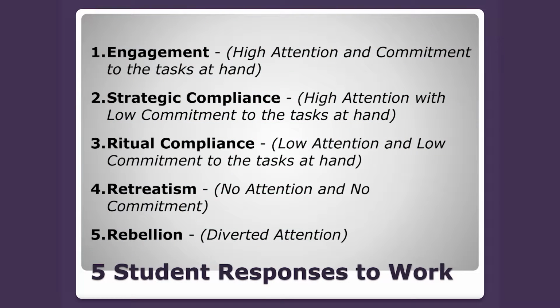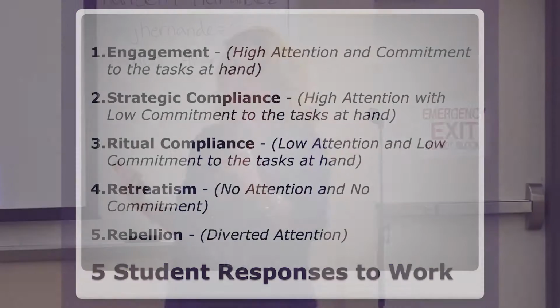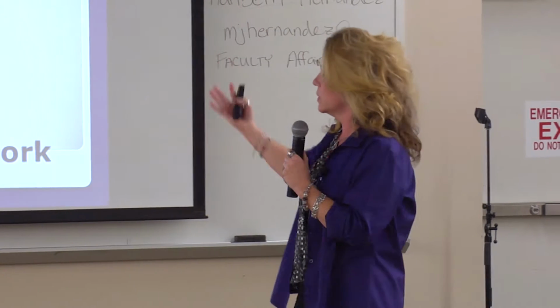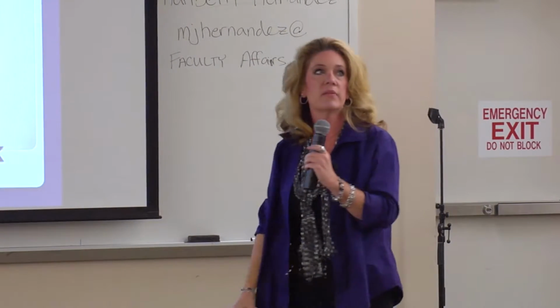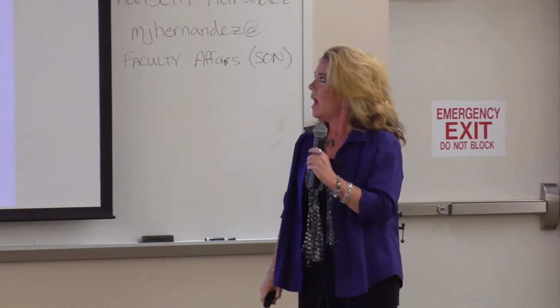So this goes back to that connection and persistence in a way that engagement, number one, we have high attention and high commitment to the task at hand. Now, underneath each one of these slides, and I'll have it uploaded to our Sakai site, is a whole bunch of evidence-based practice in the field of education supporting the words on the slide here. I'm not going to get into all of that in the interest of time.